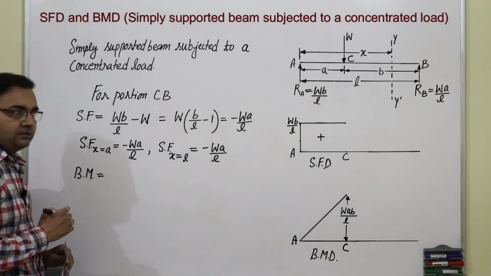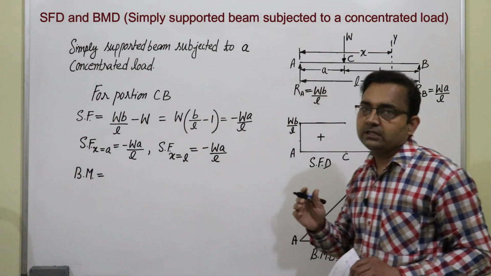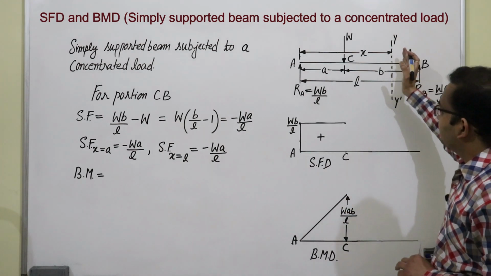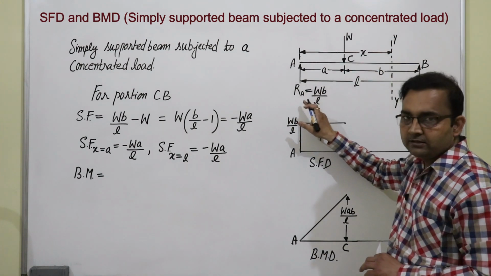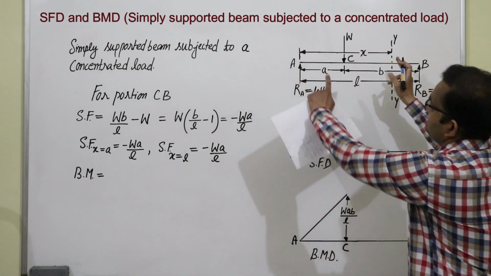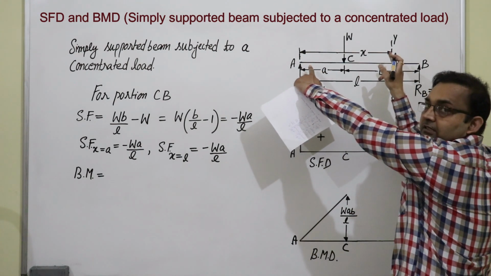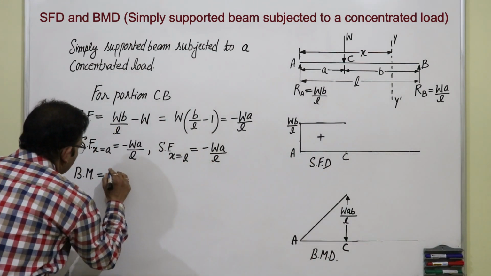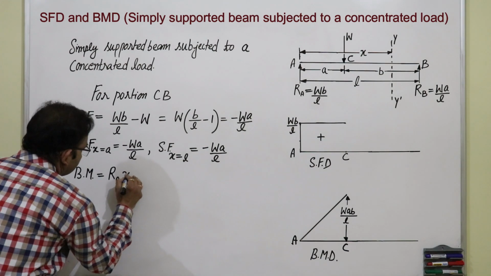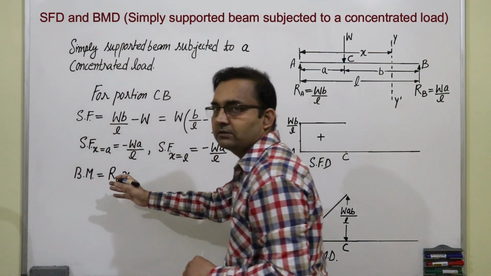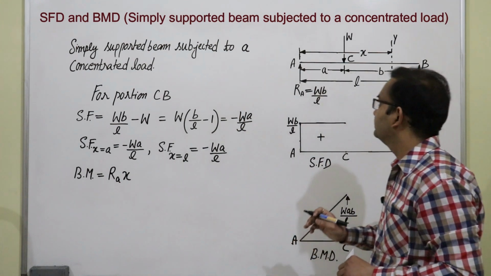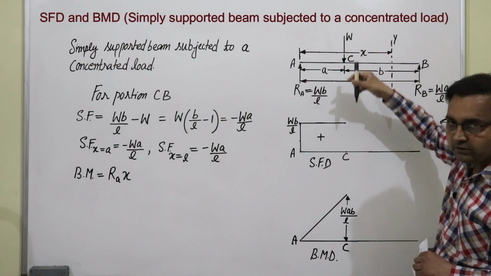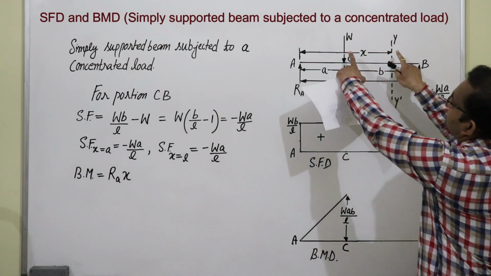So, the bending moment equation. The bending moment equation is force into perpendicular distance. This is a section. At the left of this, there is a force Ra, so force Ra into perpendicular distance, which is x: Ra into x. Force is positive, that is why it is Rax. The second force at the left of this section is W, and it is downward. So, force into this distance.